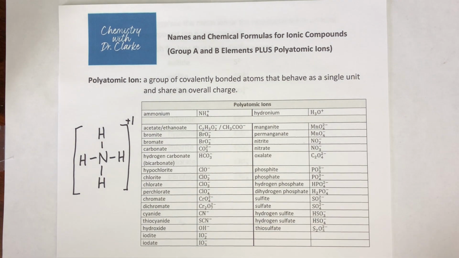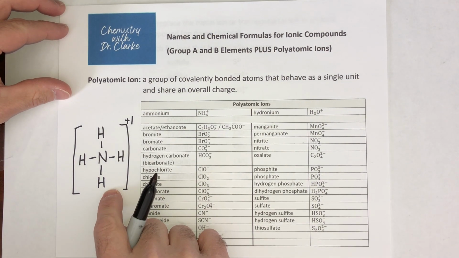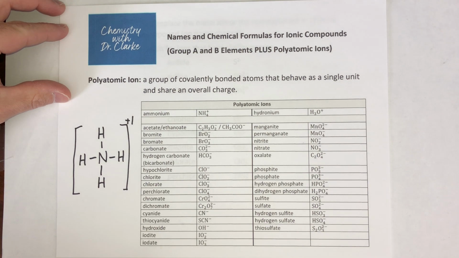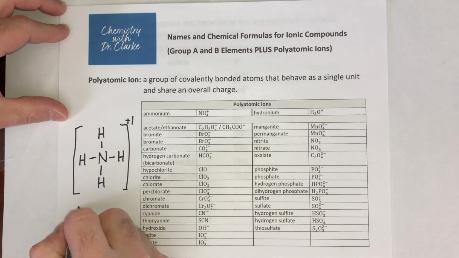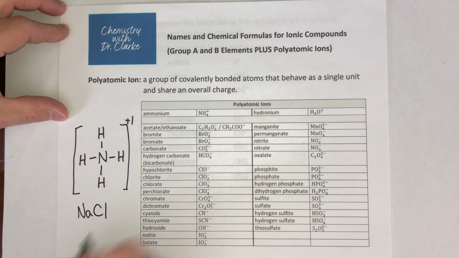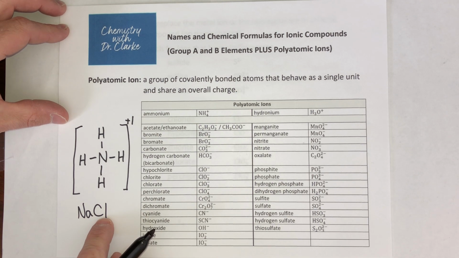Now, this is really cool because if you're talking about an ionic compound, which is usually a metal and a nonmetal, I can replace the metal or the nonmetal with a polyatomic. Let's say for a minute that we were talking about sodium chloride. Metal, nonmetal. Sodium's a +1, chloride's a -1.